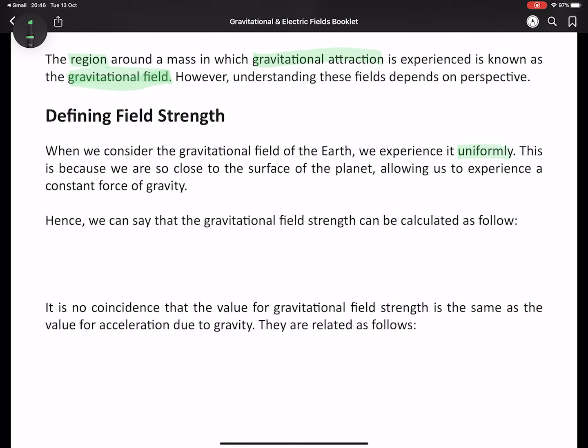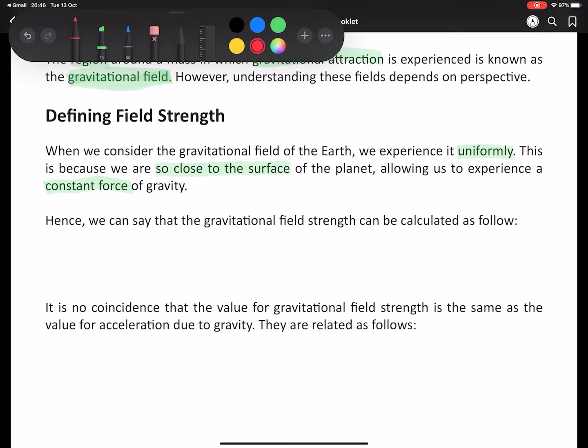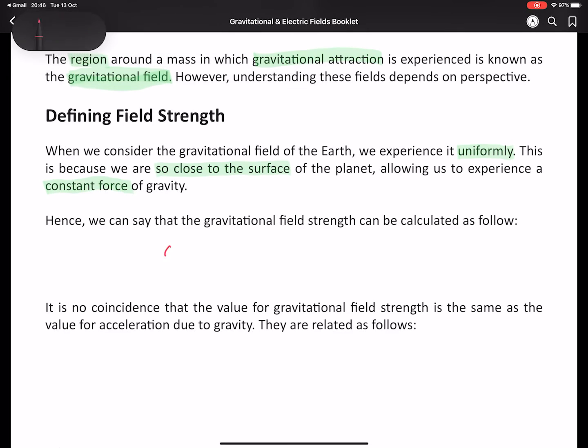So this is not the real case, but as far as we deal with gravity on the surface of the Earth, it might as well be considered uniform. So this allows us to keep a constant value, as we previously have, for gravity, and it will generally be correct for anything we deal with in everyday life.